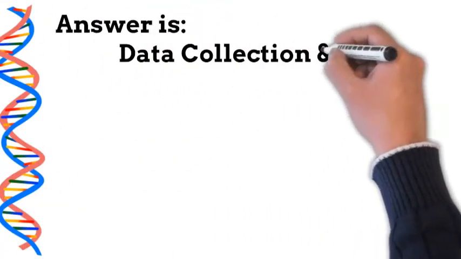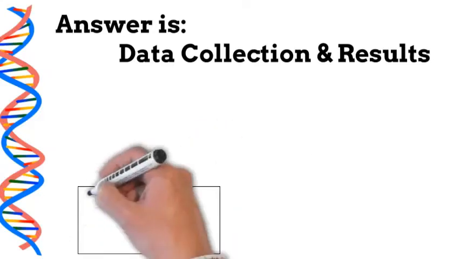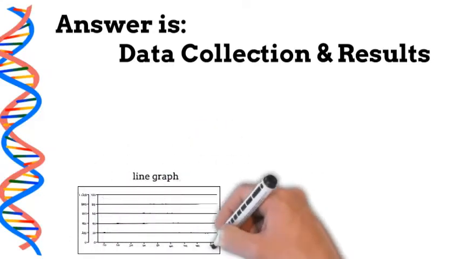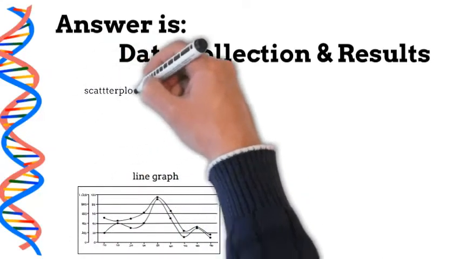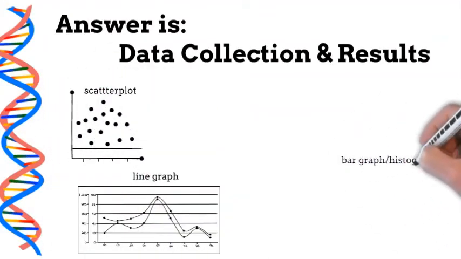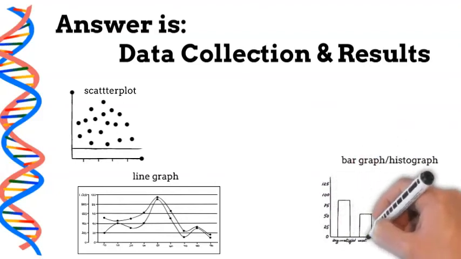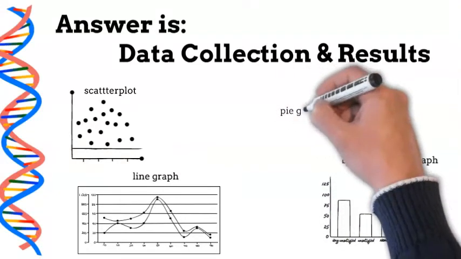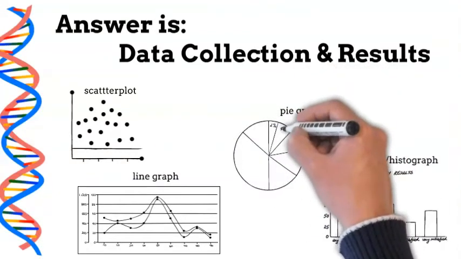Time's up. The answer is data collection and results. Sometimes in the scientific method, data collection and results are together, and sometimes they are separated into 2 different sections. For today, we are going to put them together.